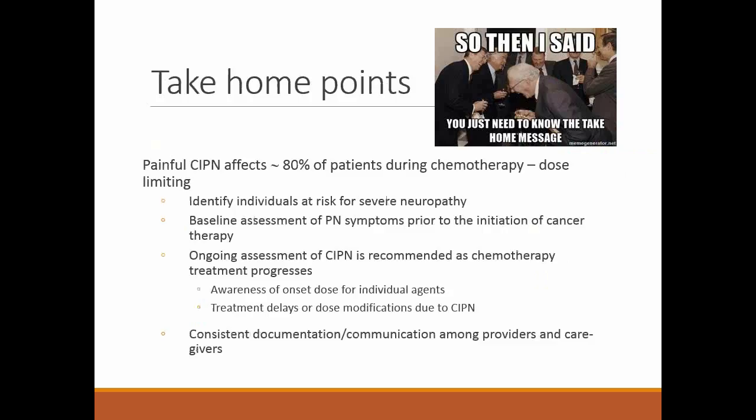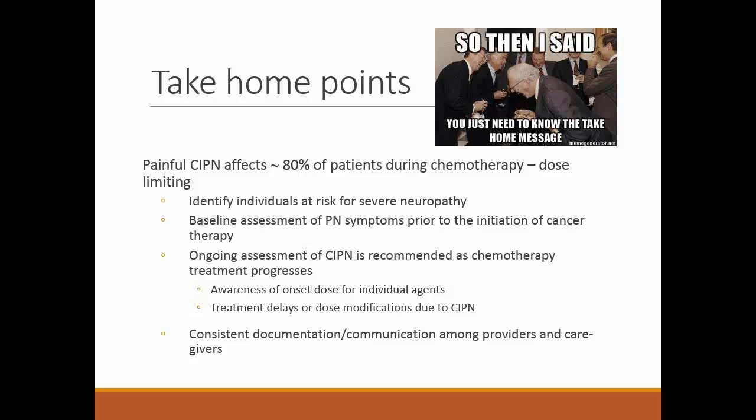So, take-home points. Painful peripheral neuropathies with chemotherapy affect about 80% of patients and are dose-limiting. So we have to identify individuals at risk for severe neuropathy, and we can do this by assessing pre-existing conditions associated with painful CIPN, and baseline assessment of peripheral neuropathies prior to the initiation of cancer therapies.